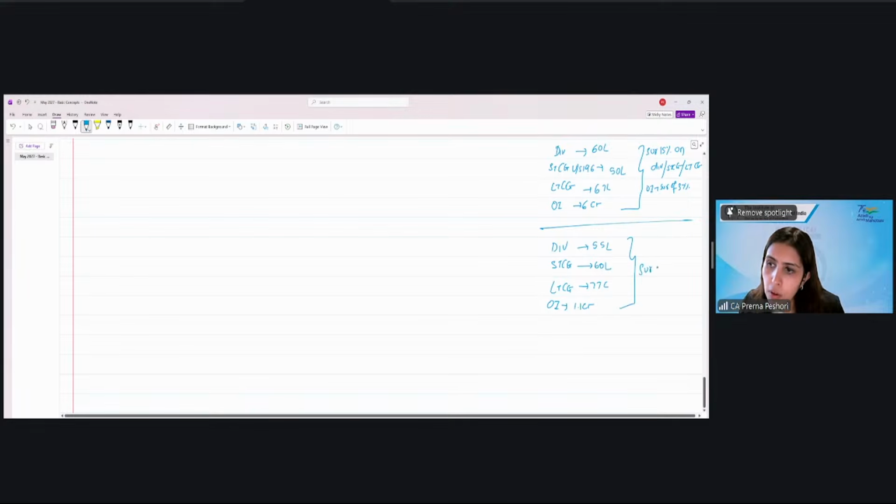So here there will be only surcharge at the rate of 15% on the total income of rupees 3.02 crores. I hope it is clear to everybody. Okay? Right? I hope this is very, very clear to everyone.